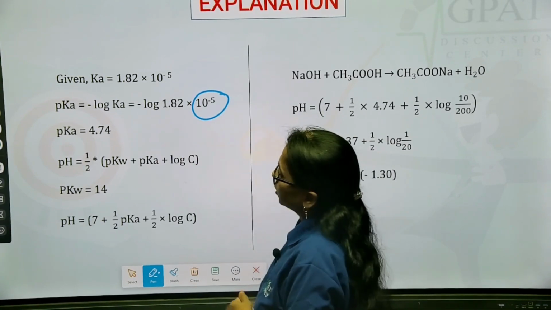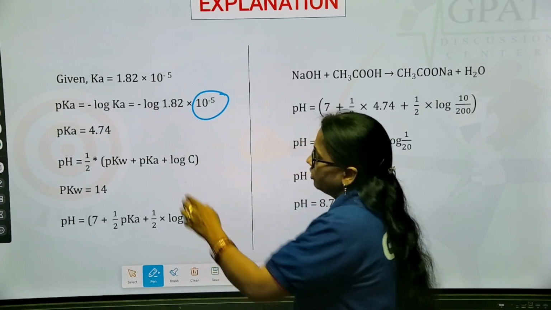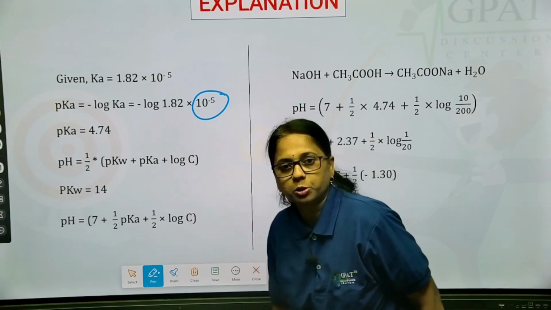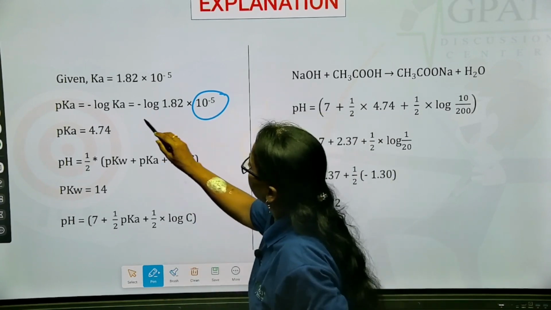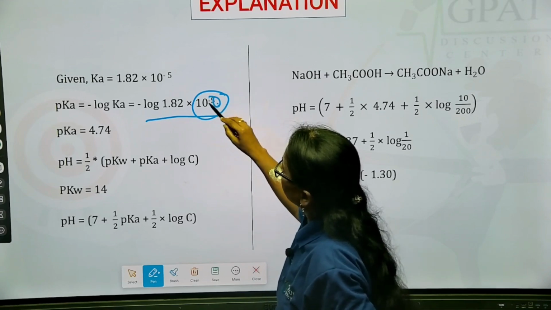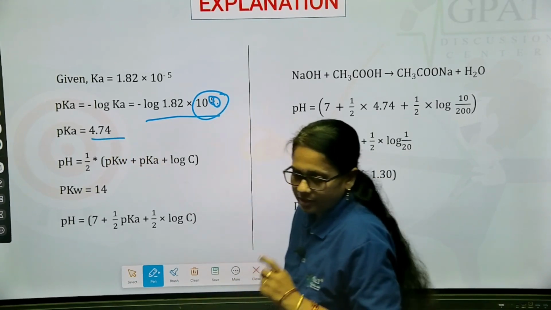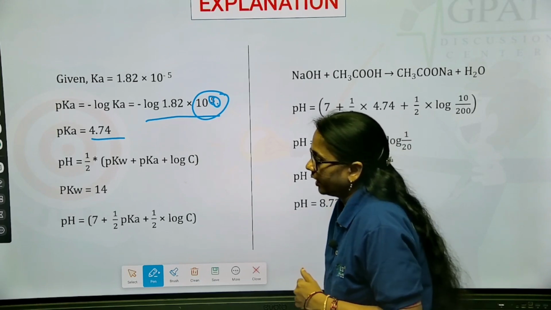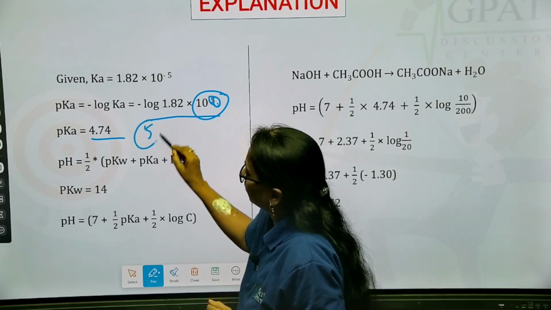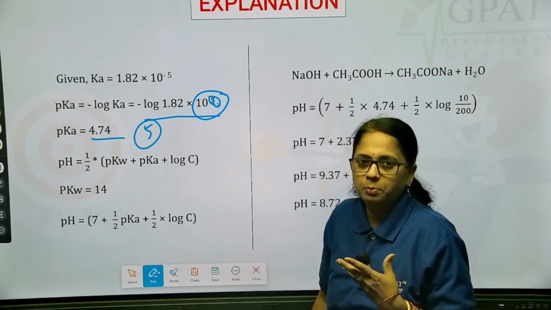So pKa equals minus log of Ka, that is minus log of 1.82 into 10 to the power of minus 5. If you do this, you get exactly 4.74. If you don't know it exactly, you can take it approximately.